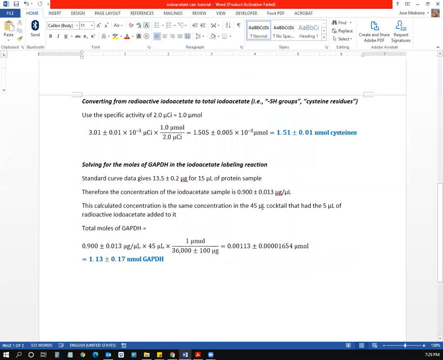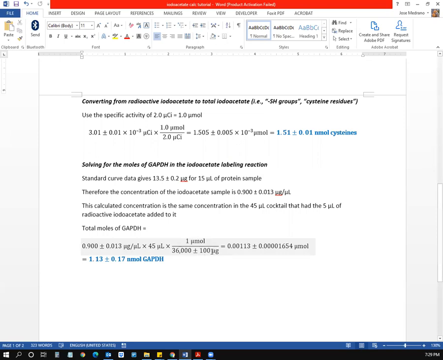So we can take 45 microliters of that cocktail and multiply by our previously calculated concentration. I'm going to get micrograms of GAPDH in this calculation, but I'll take it one step further and convert those micrograms to micromoles using the conversion formula, with the relative mass of GAPDH being 36,000 plus or minus 100.